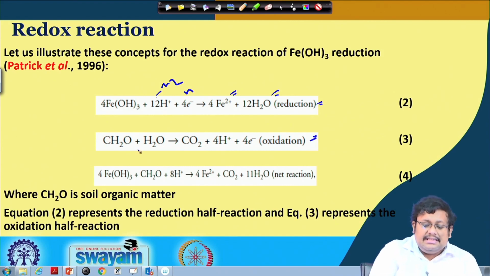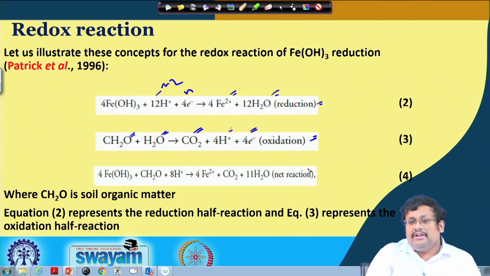You can see this CH2O, which is basically denoting soil organic matter, will be reacting with water to form carbon dioxide, 4 protons and 4 electrons. So, basically it is getting rid of electrons. This organic matter is getting rid of electrons, ultimately oxidized.